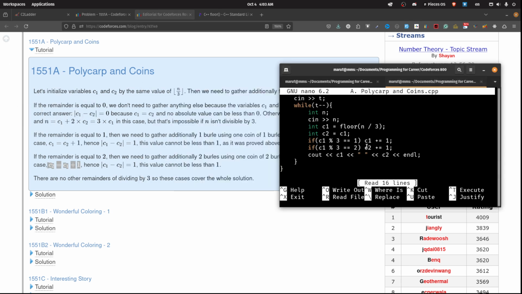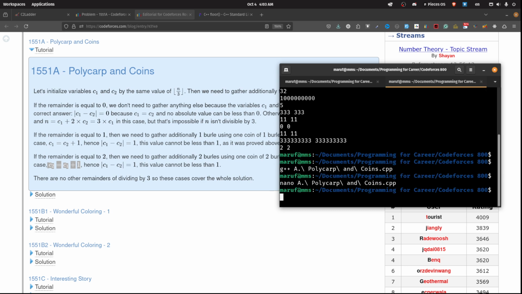Here I typed c1 plus equal to 1. If I take this, c1 is equal to c2 plus 1, and for this c2 is equal to c1 plus 1. Okay, let's try it now.